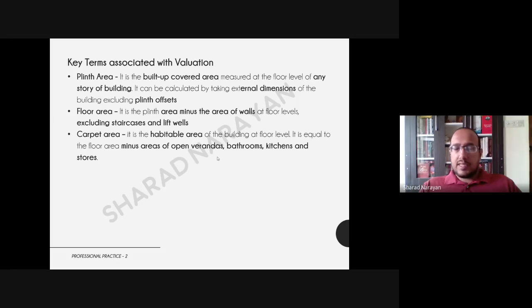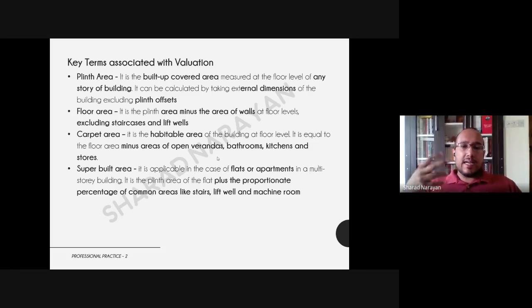You are sitting there, you are staying, prolonging a period of stay in those particular areas of the building. Those areas can be considered as our carpet area. It is basically the floor area, the previous term, minus the areas for open verandas, balcony, bathrooms, kitchens, and stores.